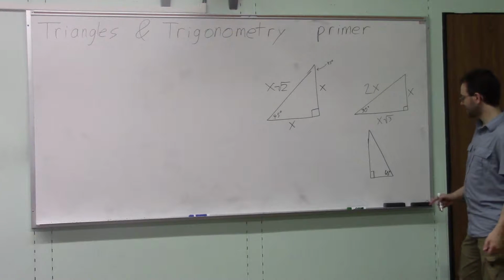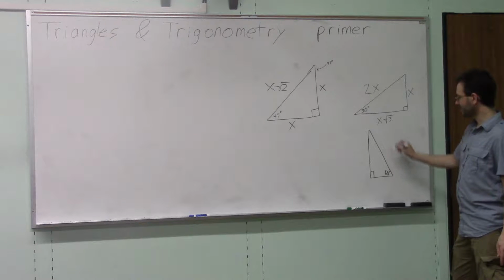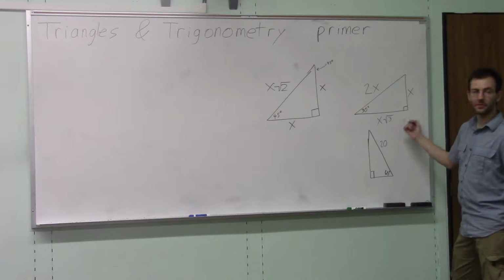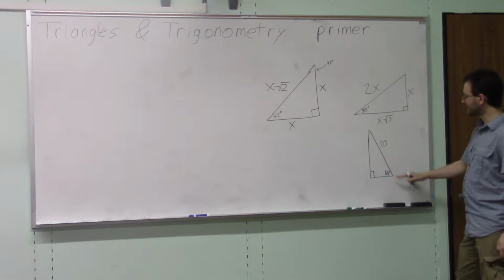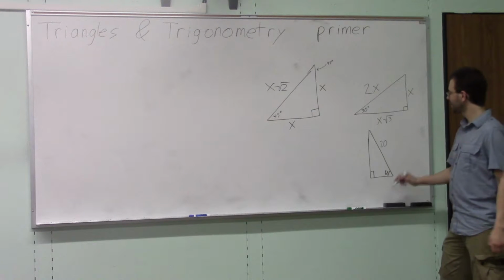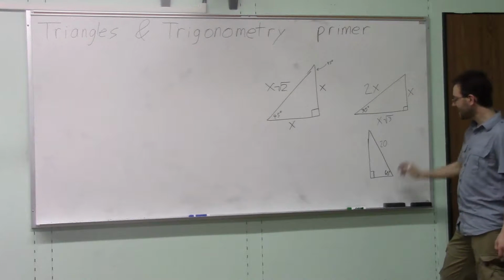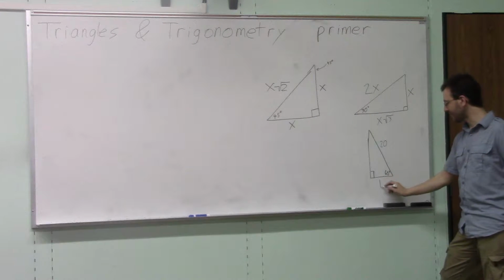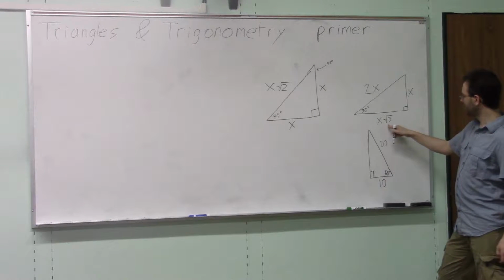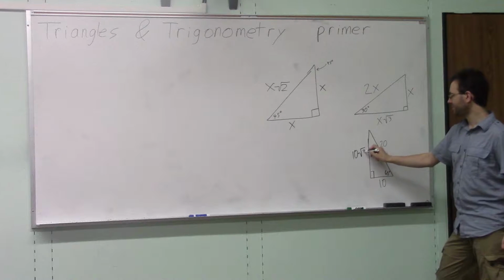Let's say they told you that this is 20 inches long. Well, this is the longest side. The shortest side is always half of the hypotenuse, right? If the hypotenuse is 2x and the short side is x, that means this has to be half of that, it'll be 10. And this will be root 3 times whatever the short side is, 10 root 3.